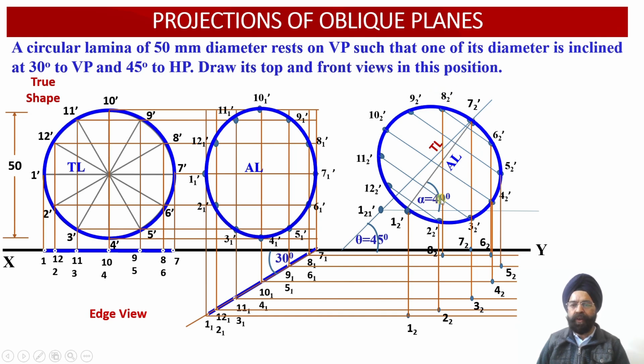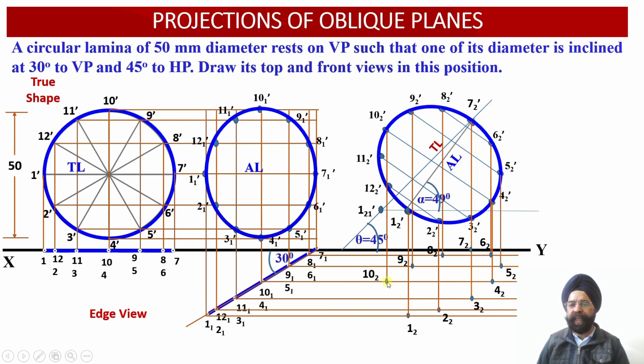As we move down, we find that this vertical projector is going to intersect with the horizontal projector drawn through the point 8 1. This is the point 8 1 over here. Next, you have 9 2 dash over here. From 9 2 dash, again we have drawn a vertical projector line, and wherever it intersects with the horizontal projector drawn through 9 1, point 9 2 is obtained.